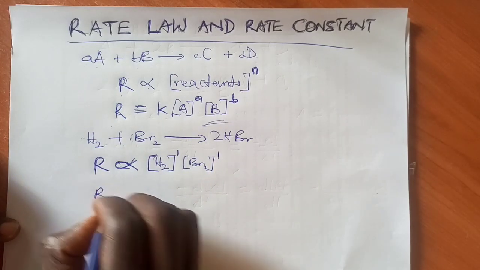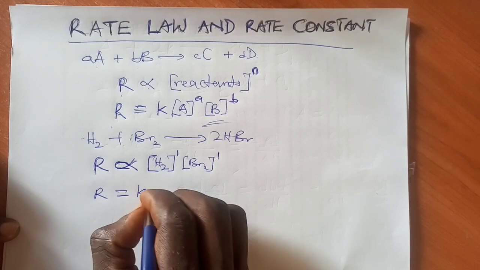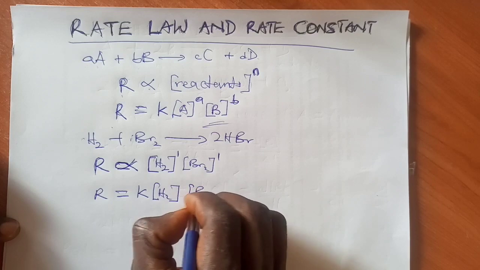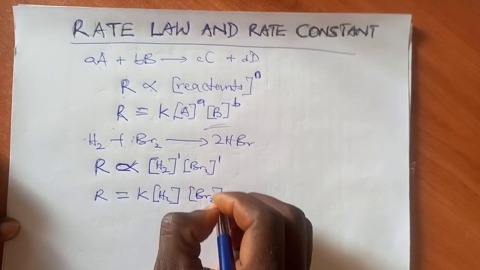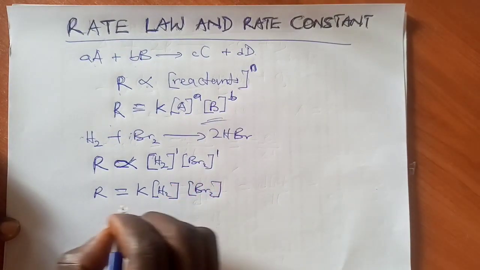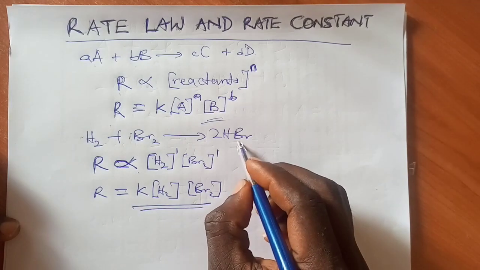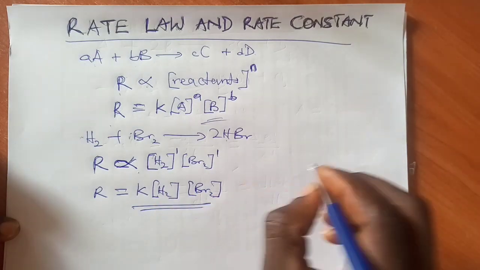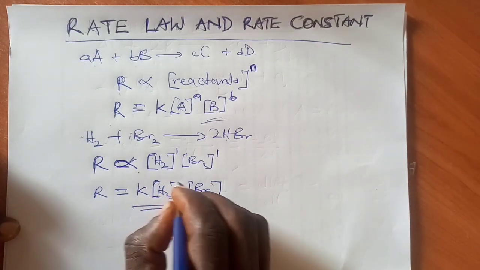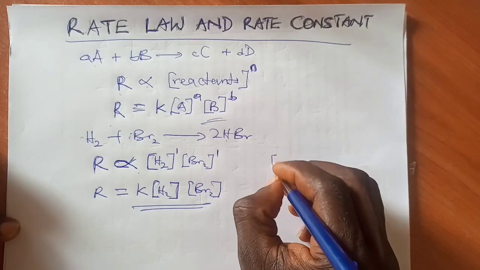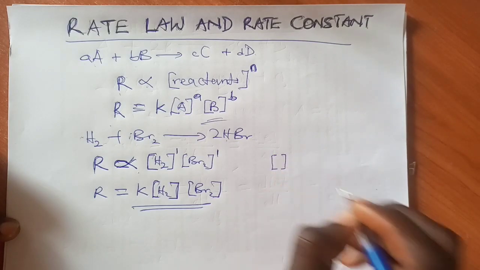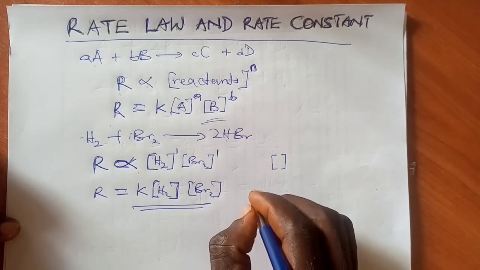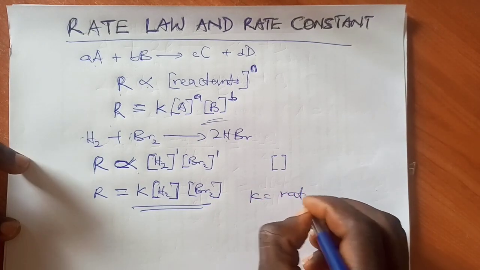So that means R is equal to your rate constant K times hydrogen raised to power 1 and bromine raised to power 1. This is how to write the rate law for this reaction. The square brackets represent concentration in chemistry, so this is the concentration of hydrogen and this is the concentration of bromine in the reactants, and K is our rate constant.